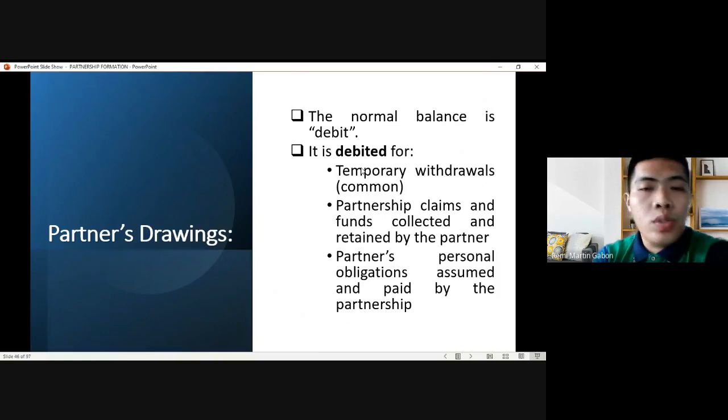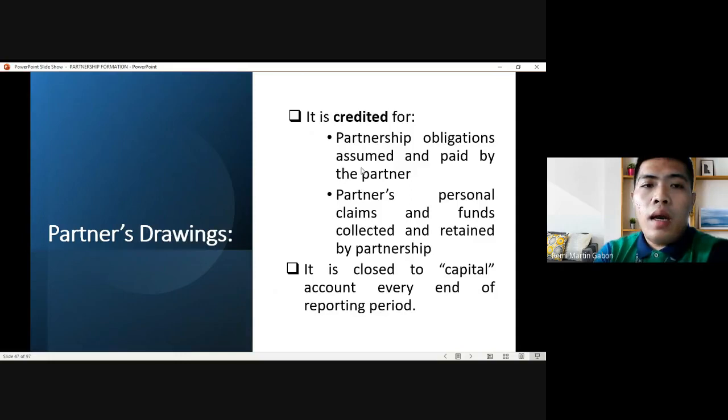Then also, it is being debited for partners' personal obligations assumed and paid by the partnership. So if there is a personal obligation that had been shouldered by the partnership, then the partnership can treat it as a withdrawal. And it is credited.